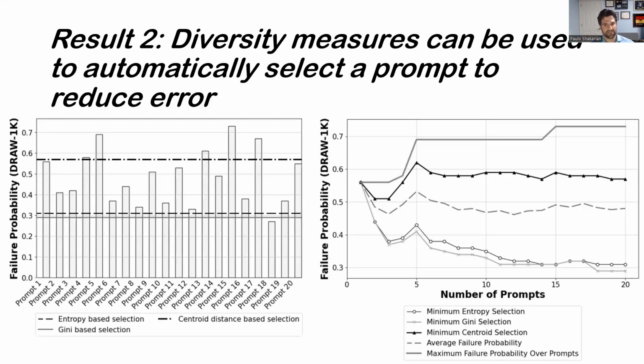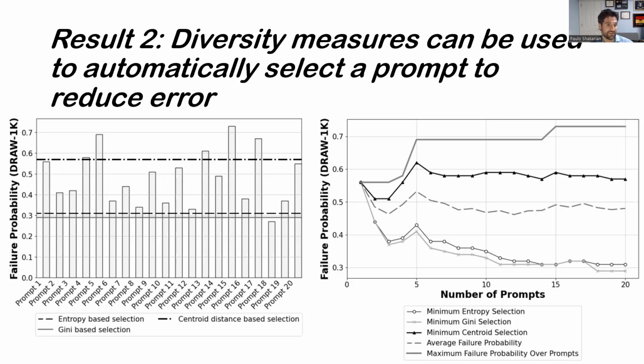So then the next thing is, okay, let's say for a given problem, just like the one I showed you at the beginning, I have a whole bunch of different prompts and I don't know which one works best. And it might even be that in some cases one works better than the other. So for problems that we explored in the paper, we created a set of 20 prompts.